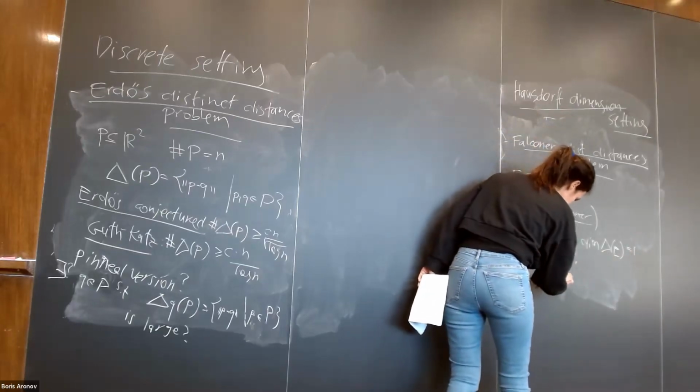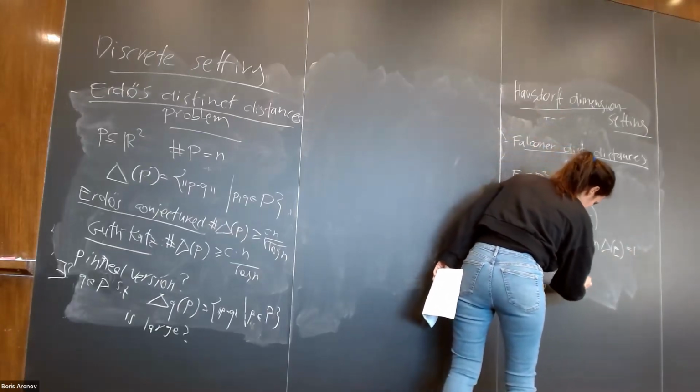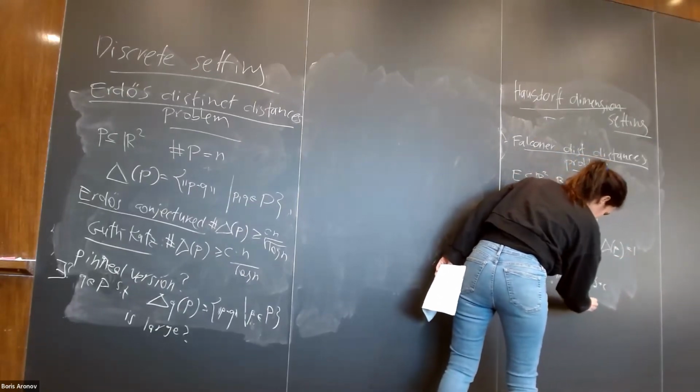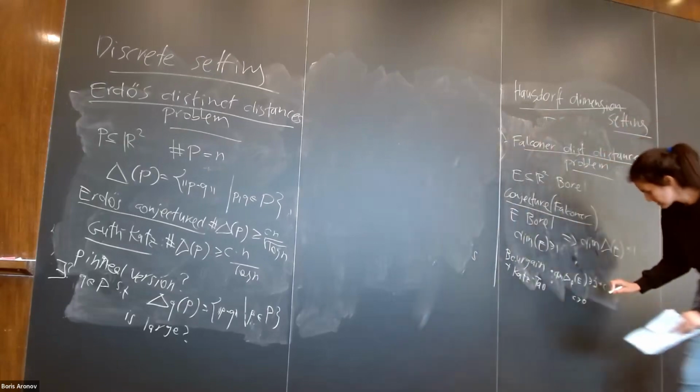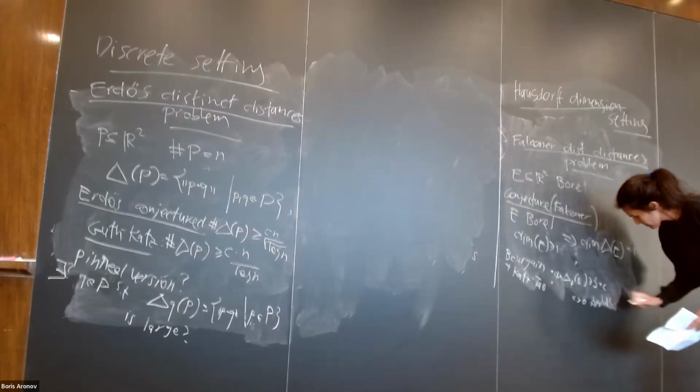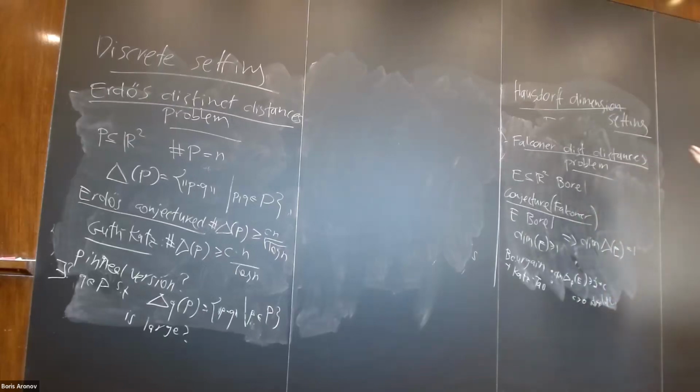The dimension of the distance set is at least 1/2 plus some absolute constant. But again, as you can see, it looks like the same statement, only this is in the discrete setting, and this is in the Hausdorff dimension setting.